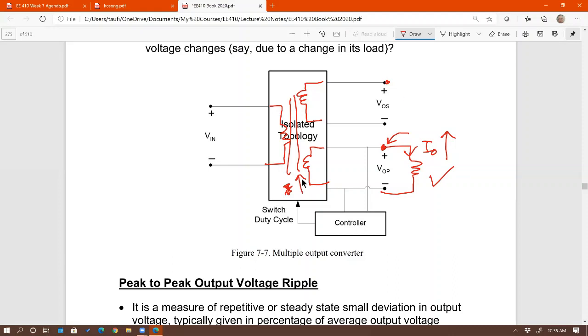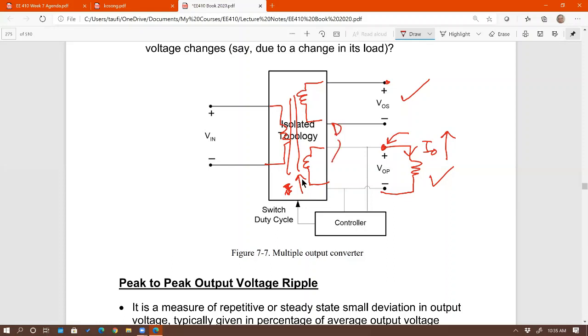What about the top one though? That's not good news for the top one, right? So any change in the current or in the output voltage of the bottom one will also change the top one, because any change on the output voltage of the bottom supply right there will change the duty cycle. If the duty cycle changes, it will be good for the bottom one. But look, the top one is not requiring any change in the output voltage, but now it's being forced to change because it's sharing the same duty cycle.